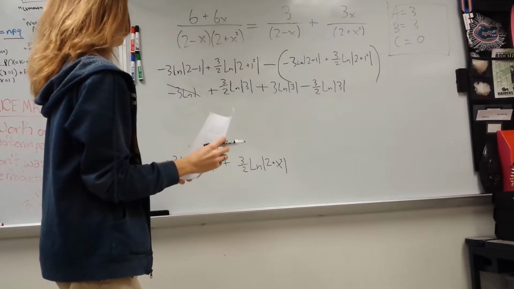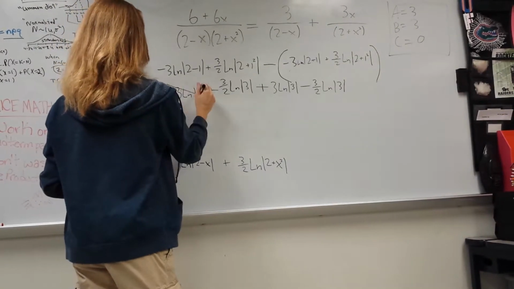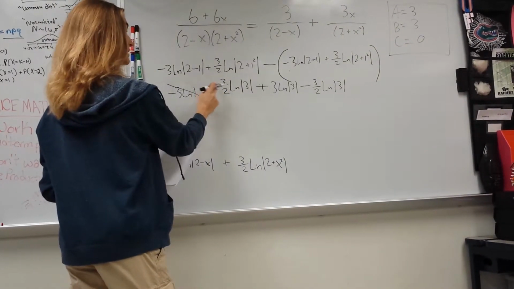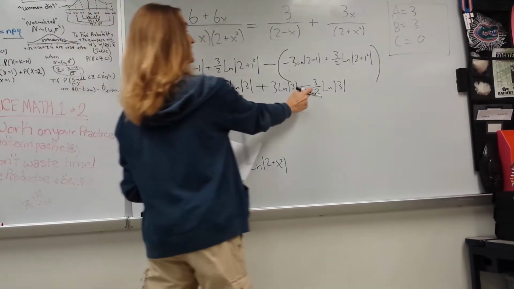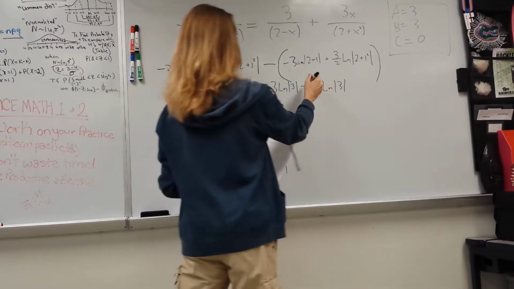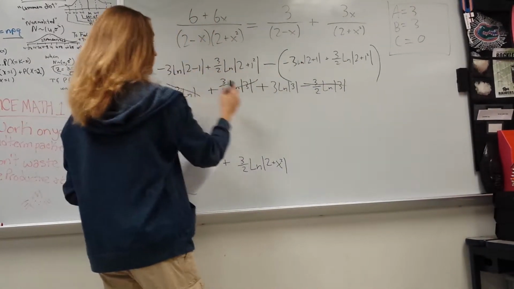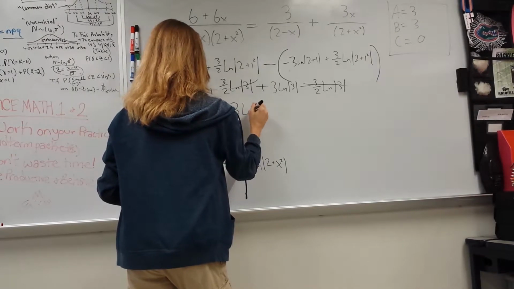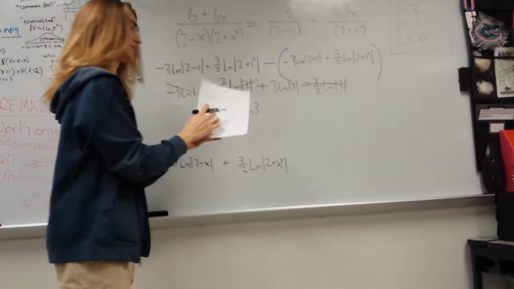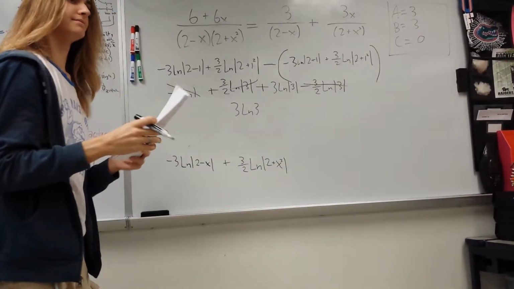So now we have a positive 3/2 ln of 3 and a negative 3/2 ln of 3, which means we can cancel them. And we're left with 3 ln of 3, which is exactly what it tells us to have.